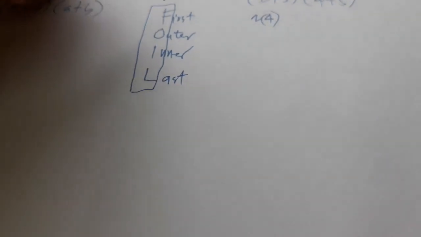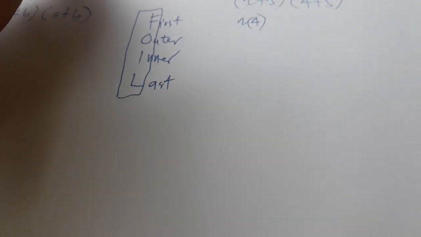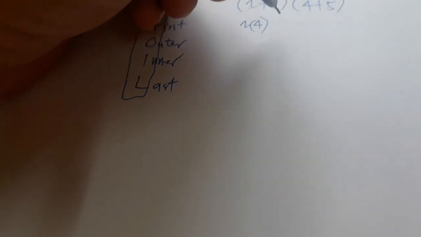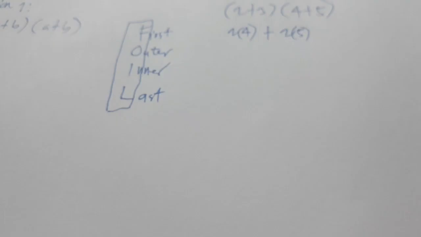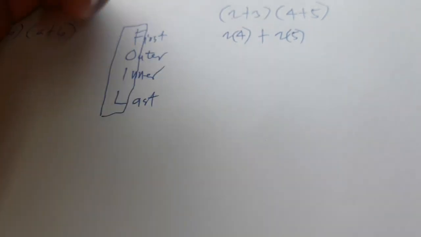This is for the F. Then for the O, we will utilize 2 and 5, so we have 2 times 5. For the inner part, this is 3 and 4. We have 3 times 4.